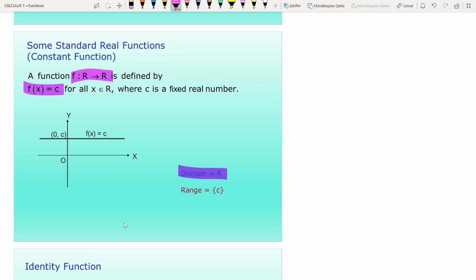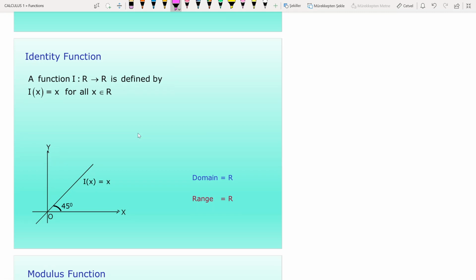For each value of x, we have only one fixed real number, which is c. It means the range of a constant function is the fixed real number itself.